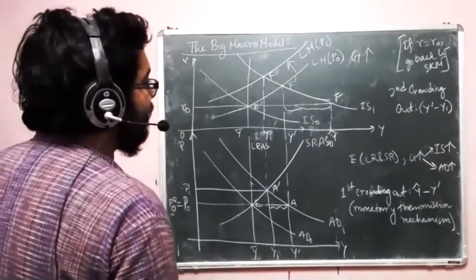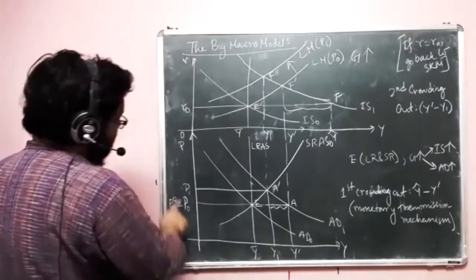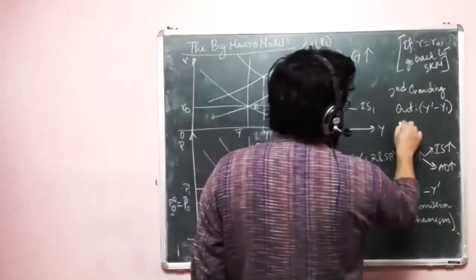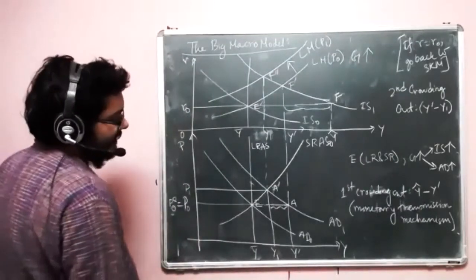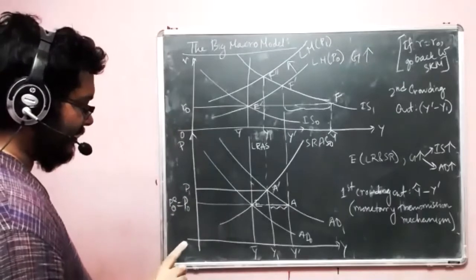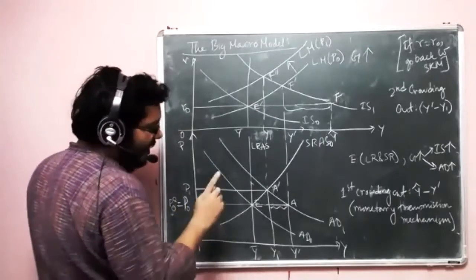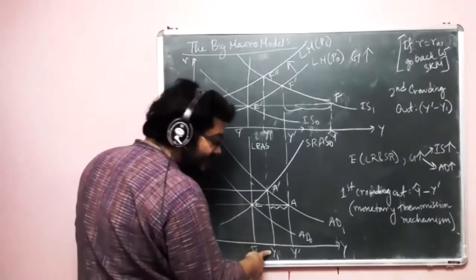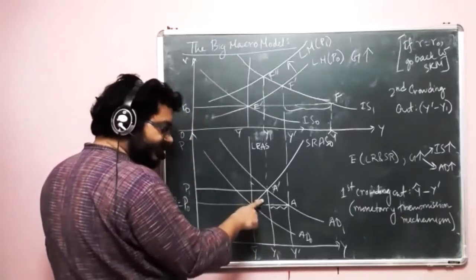And why does that happen? Because prices rise. But if you want to go to the depth of it, there are two different arguments here. Try to understand this very clearly. When I'm saying why the output is not staying at Y bar, but increased to Y1, I'm using the logic of the sticky wage model.